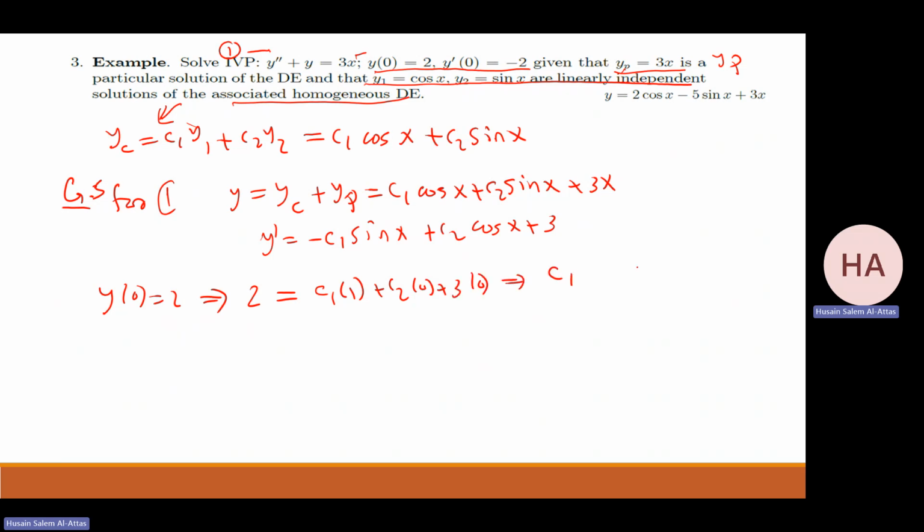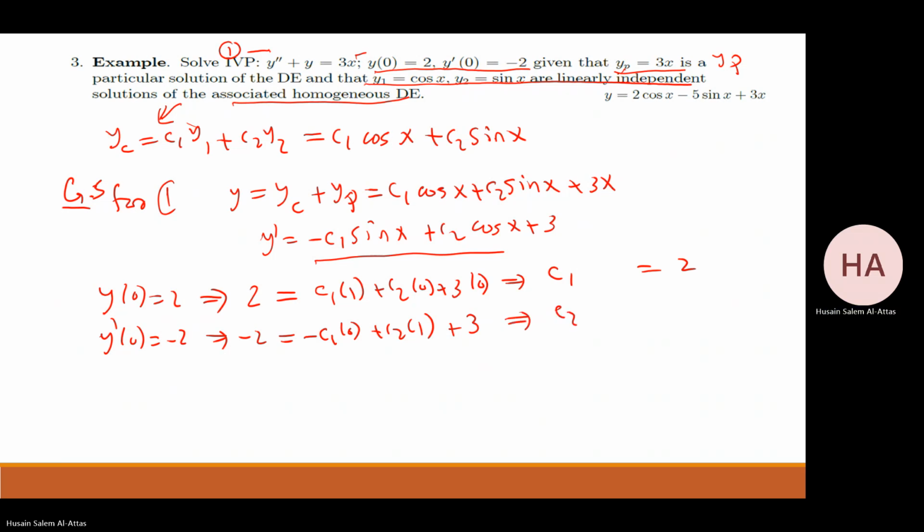So I have c1 equals 2. y prime at 0 equals minus 2, like the one I did. Minus 2 will be, substituting here, minus c1 times 0 plus c2 times 1 plus 3. So I have c2 equals 3 minus minus 2, which is 5.